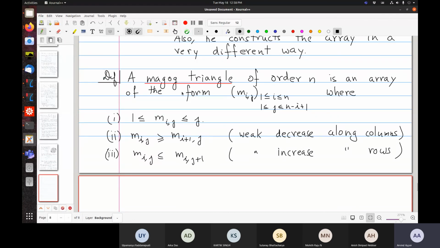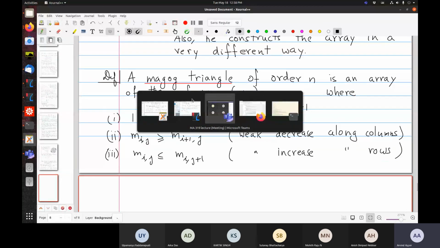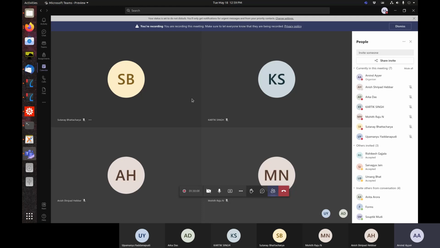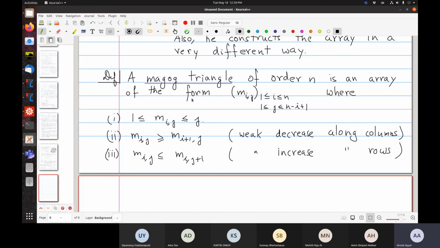So why the name? The name is biblical. There were two warring tribes in the Bible, called the Gog and the Magog. This is Zeilberger's terminology.